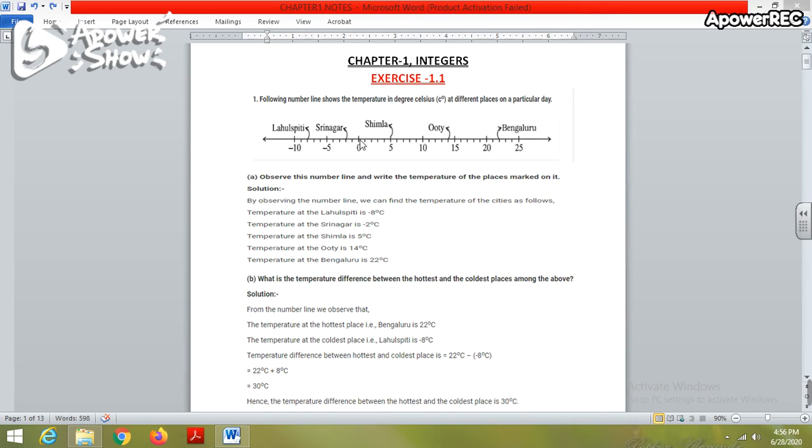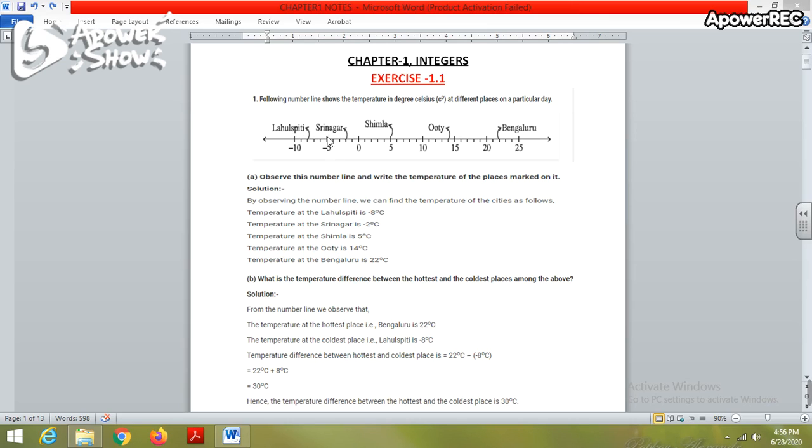Now let's move to the left hand side of 0. From here the next step is -1 and then -2. So the temperature of Srinagar is -2 degrees Celsius. Then after -2 we have -5 marked here.